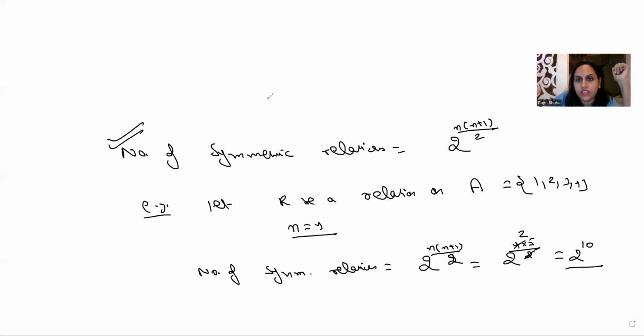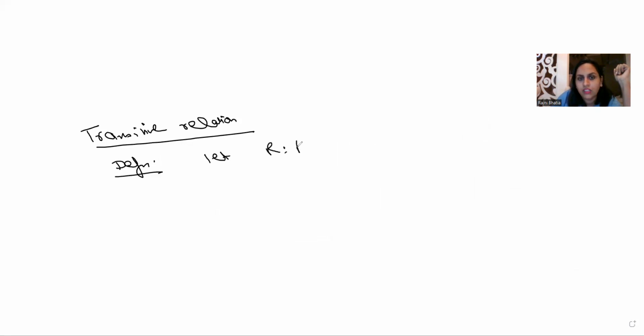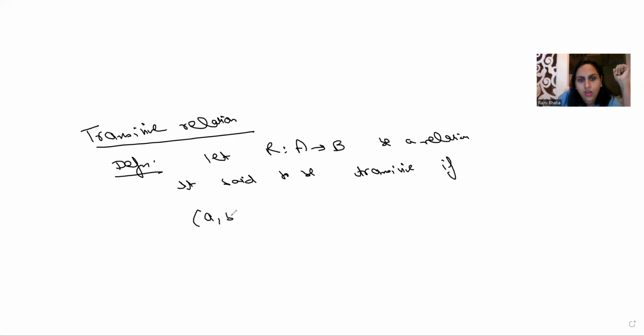Now next we'll move to transitive relations. The definition of a transitive relation is: let R from A to B be a relation, then it is said to be transitive if (a, b), (b, c) belongs to R implies (a, c) also belongs to R. If this condition is satisfied, then we say that the relation is transitive.